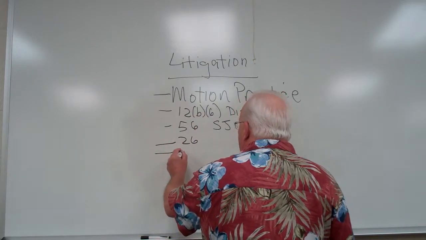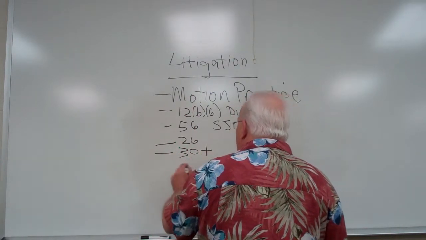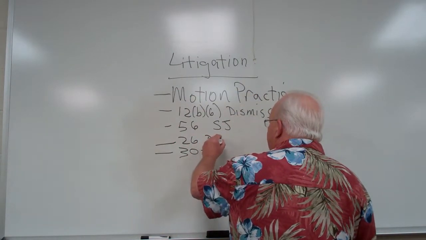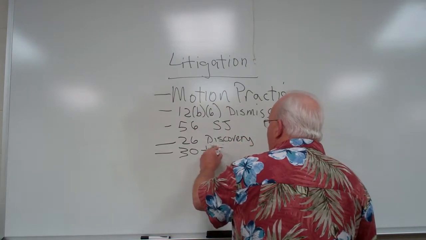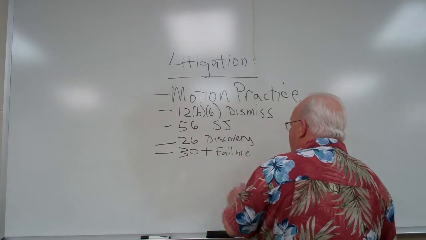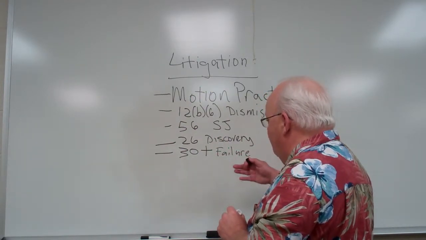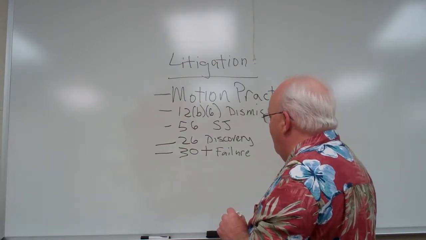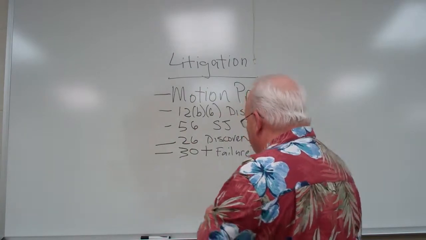There can be motions up in the 30s relating to frivolous complaint, failure to comply with discovery. These are all possibilities. So in other words, you're bringing the complaint in the form of a motion against another party because they failed to do what they're supposed to do.